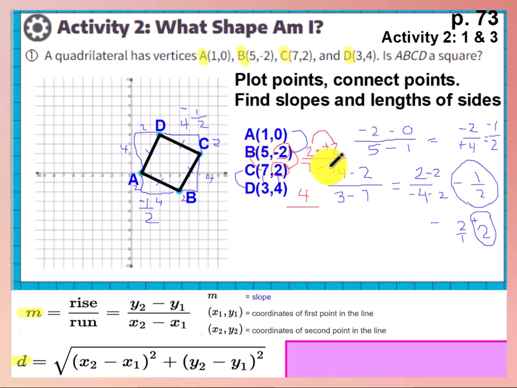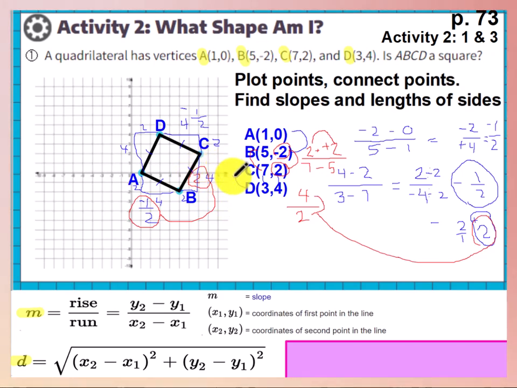We got 7 minus 5 is 2. And 4 divided by 2 is indeed 2. So we have a slope of 2 here. So the consecutive sides have slopes that are negative inverses, or another way to say that is opposite reciprocals.